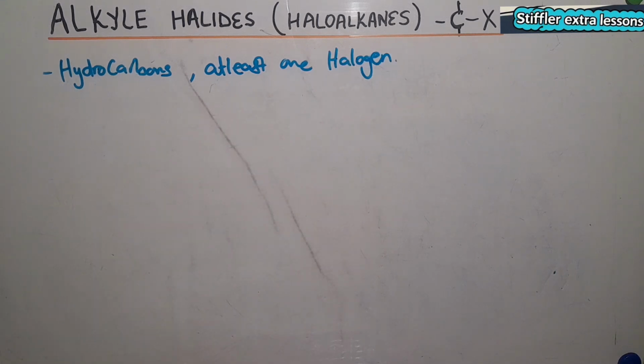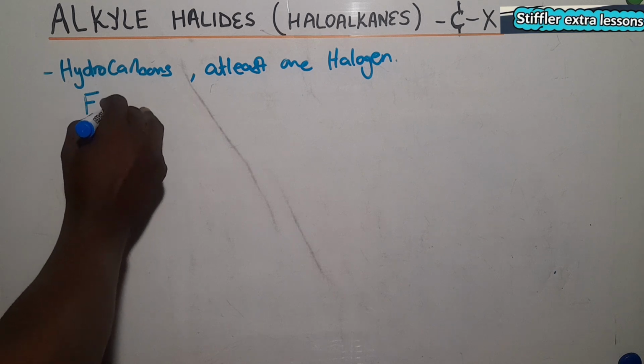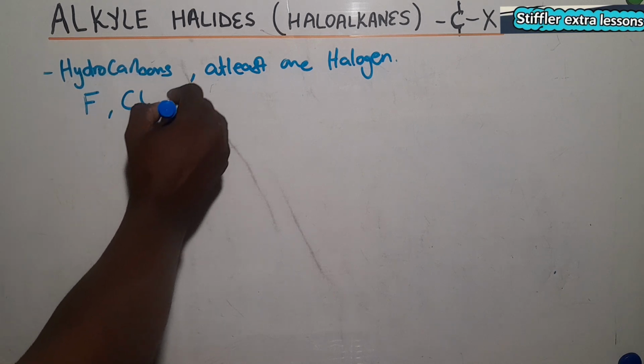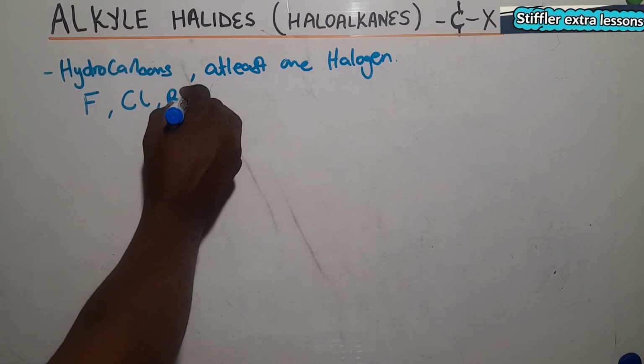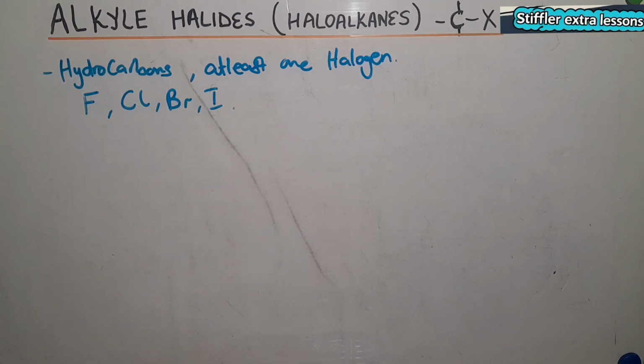And already we have talked about halogens and how they only create one bond. So these halogens that we are going to talk about are fluorine, chlorine, bromine, and also iodine. So these are the halogens that we are going to talk about.